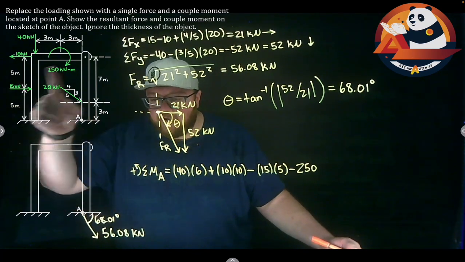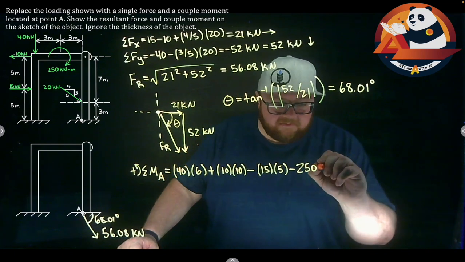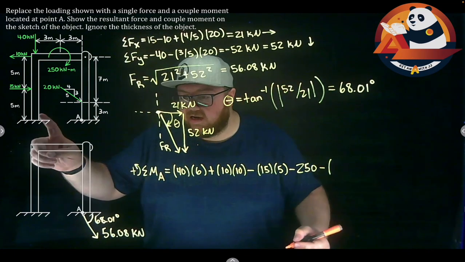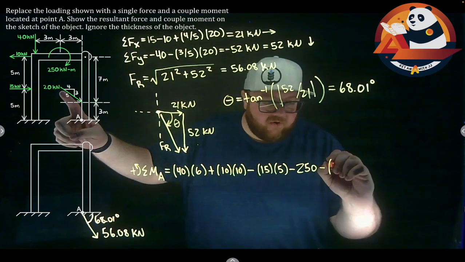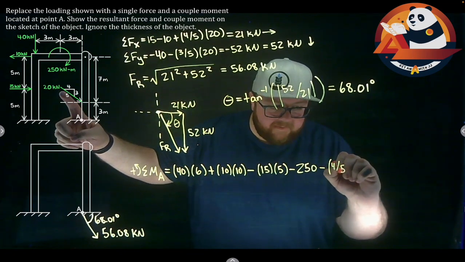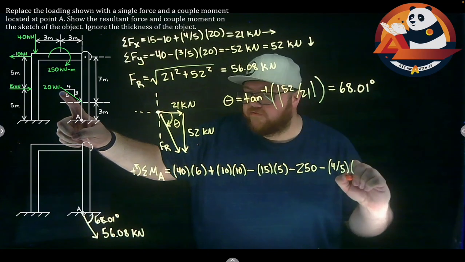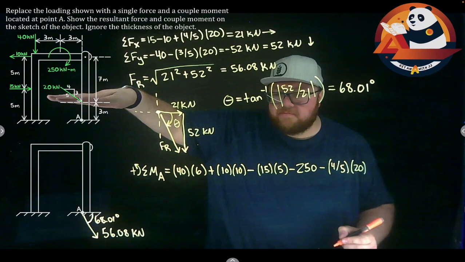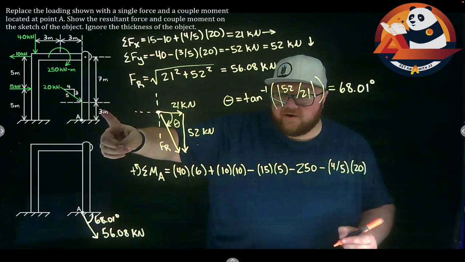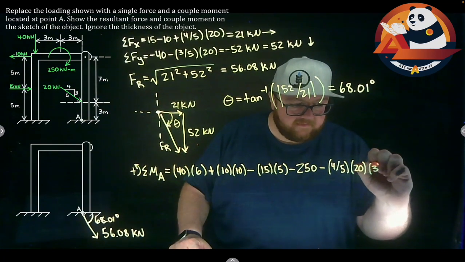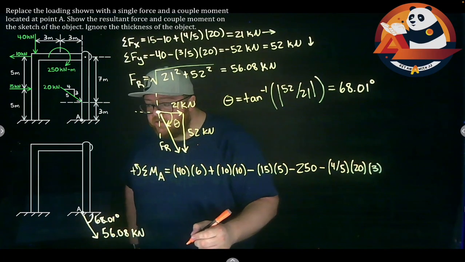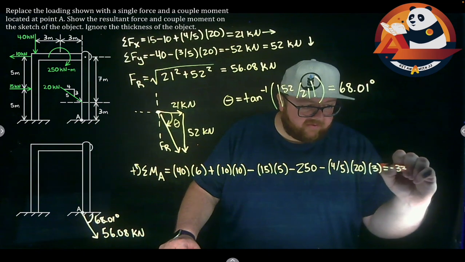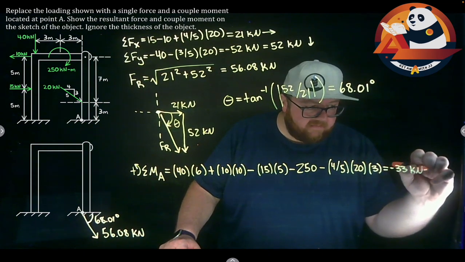It would cause a clockwise rotation about A, so minus Fx, which will be the x leg of the triangle, 4, divided by the hypotenuse, 5, times the force, 20. If I have an x force, I need to multiply by a y distance, 3 meters. So times 3. This is going to get me to negative 33 kilonewton meters.